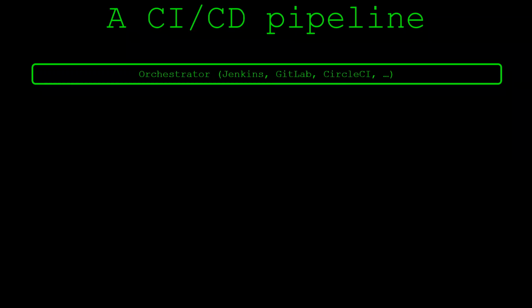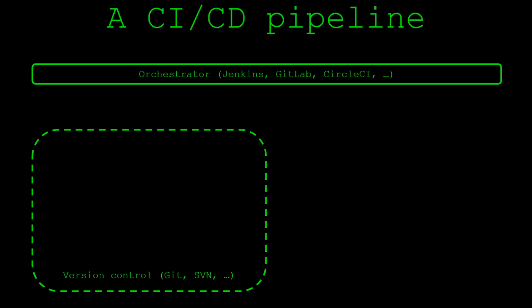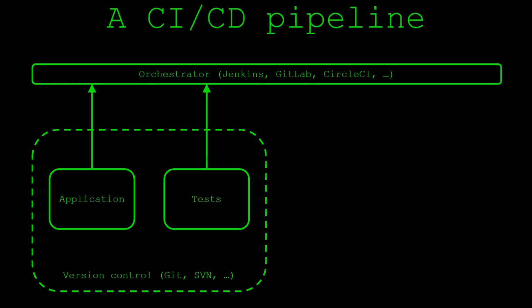Popular solutions to do this are Jenkins, GitLab, CircleCI, Travis, Bamboo. There are dozens of these different CI systems. What you also need, because typically this is what you do with multiple people, with your entire team, is a version control system, a central repository to store both your application code as well as your test code.